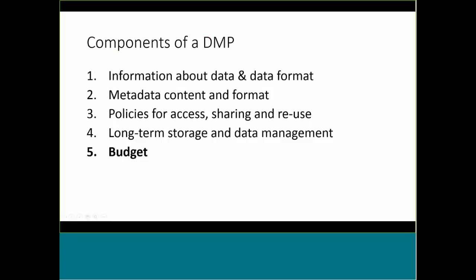And then finally, data management plans have budgetary concerns. And there's always a budget section, because there are upfront costs to doing this. So if you are creating a project, if you are starting on your dissertation, one of the first things you should do is go and buy your external drive that you're going to use to back up your data or back up your dissertation files. That costs money.